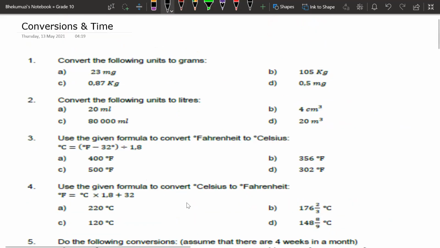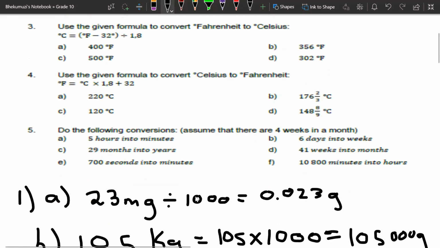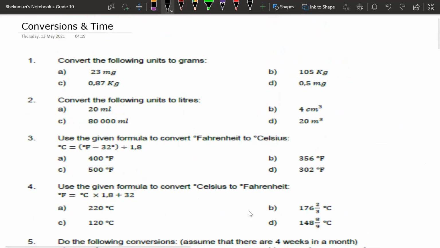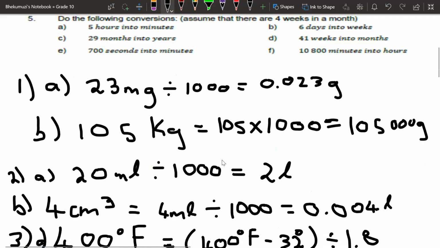And then for number 2, it says convert the following units to liters. So now we have 20 milliliters. How do we convert 20 milliliters? We know that 20 milliliters divided by 1,000 will give us 0.02 liters. So that is how we do that one. And then when we look at B, we have 4 centimeters cubed. But remember something: a centimeter cubed is equivalent to a milliliter, right?